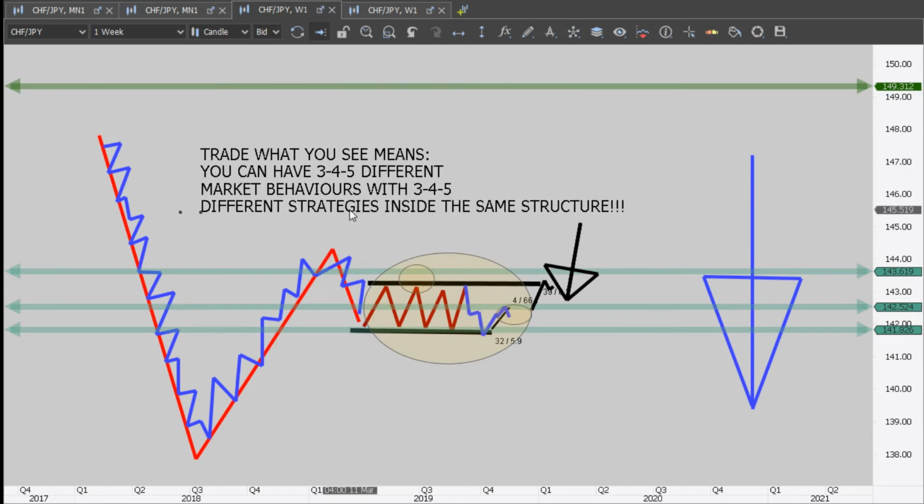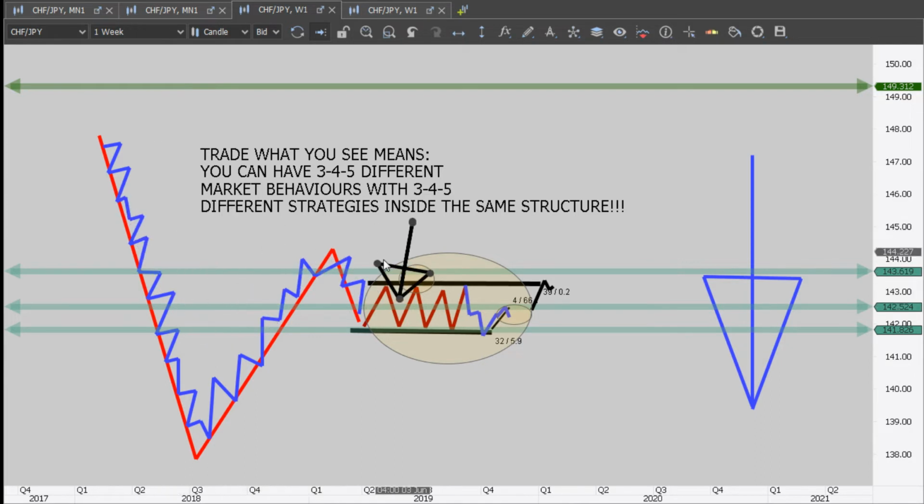Trade what you see means you can have different market behaviors: uptrend, downtrend, sideways, bullish flag, bearish flag, whatever.